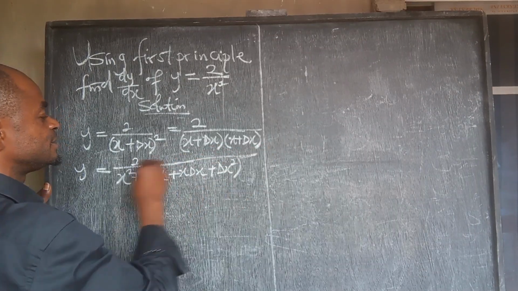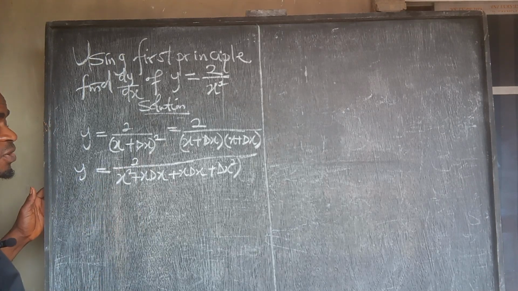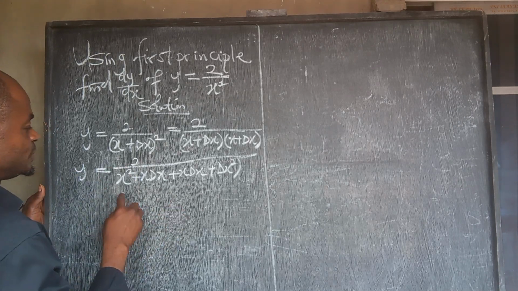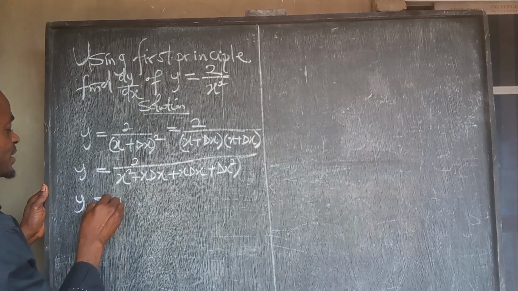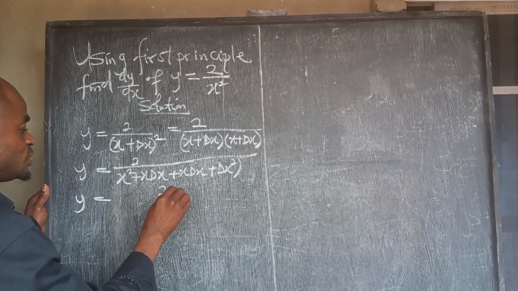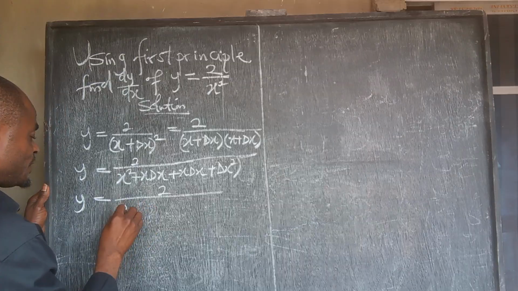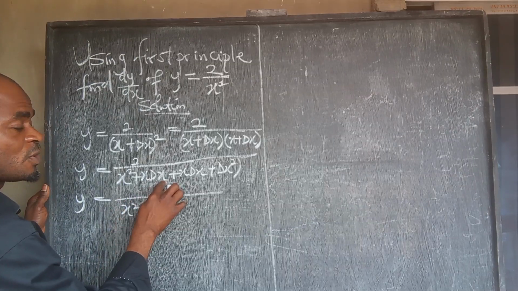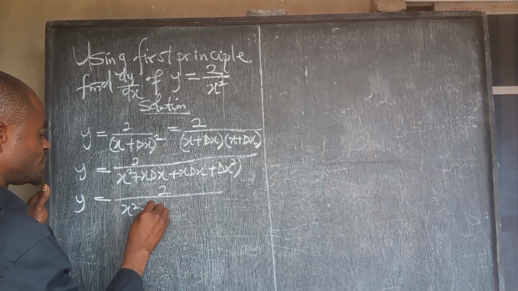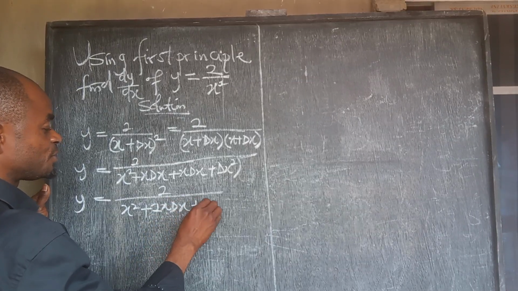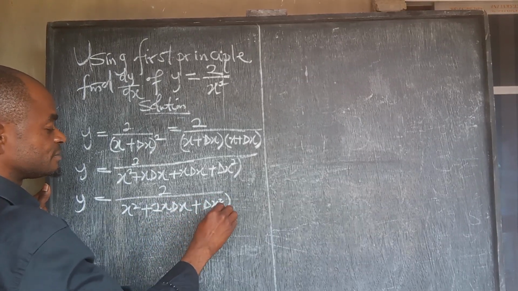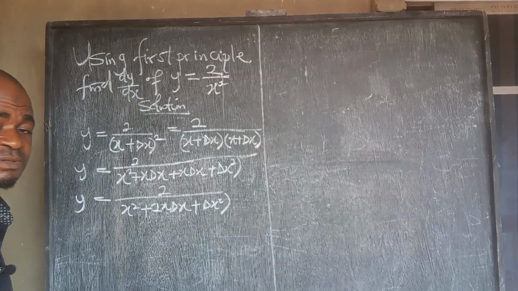Then you bracket it. Don't forget that everything is 2 all over this. At the end of the day, you have y equals 2 all over x squared plus 2x changing x plus changing x squared. I think you can get me like that.